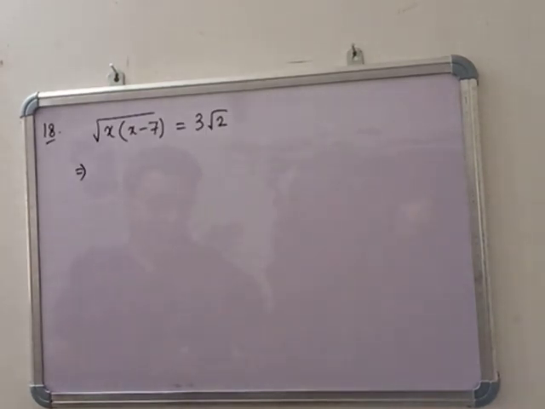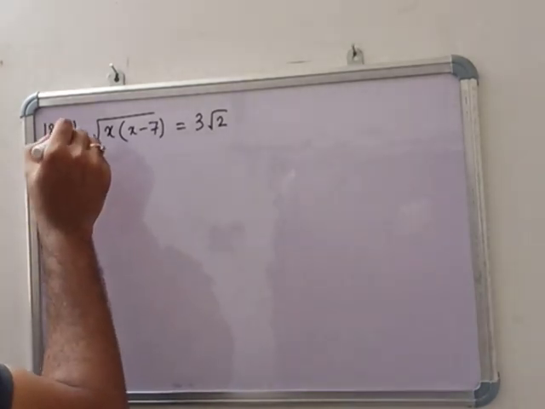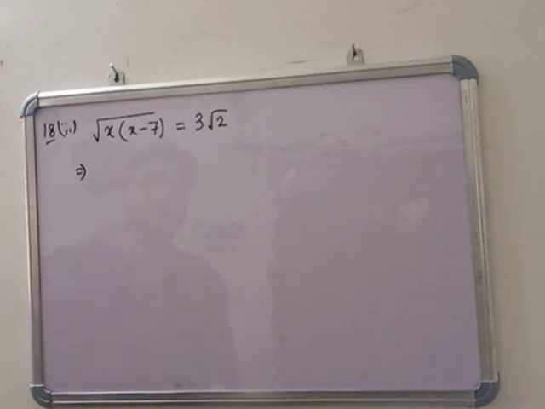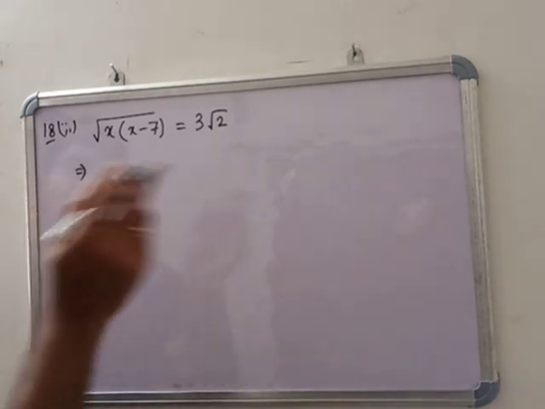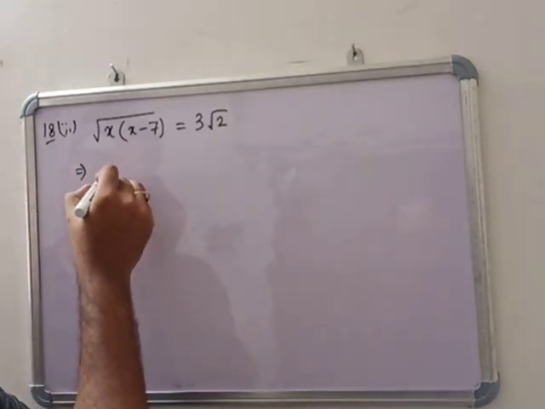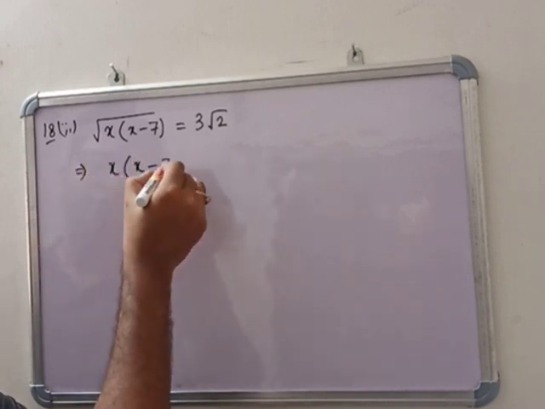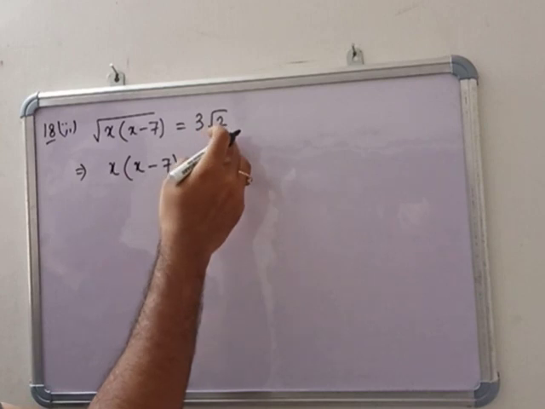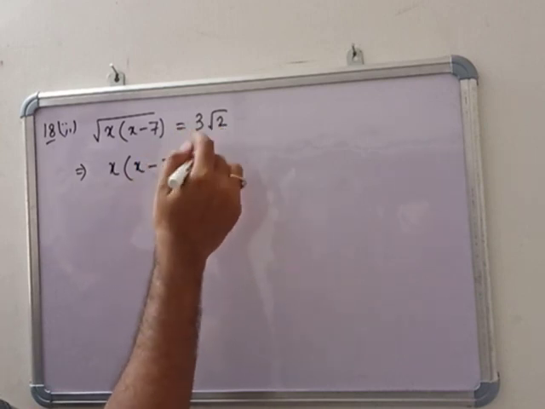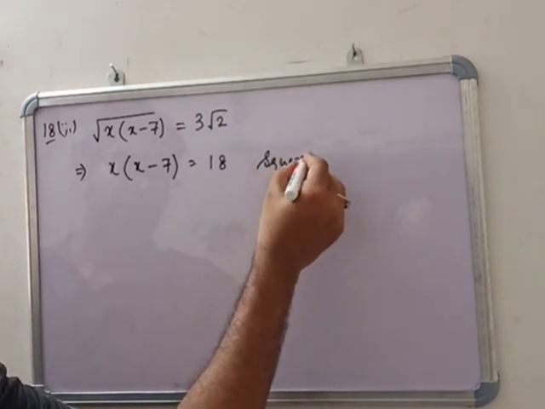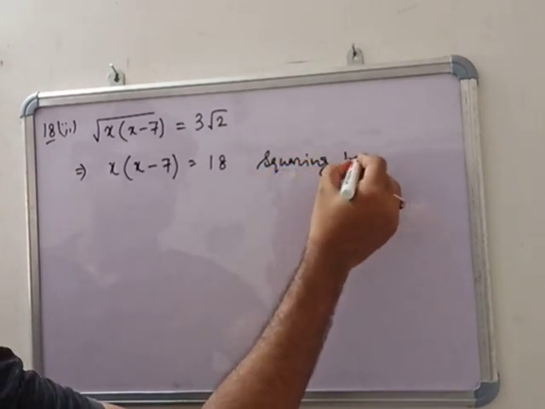Now in number 18, see that root of x(x minus 7) equals 3 root 2. Now squaring both sides, we can write, root is gone. So x(x minus 7) equals 3 square into 2, 9 into 2, 18.